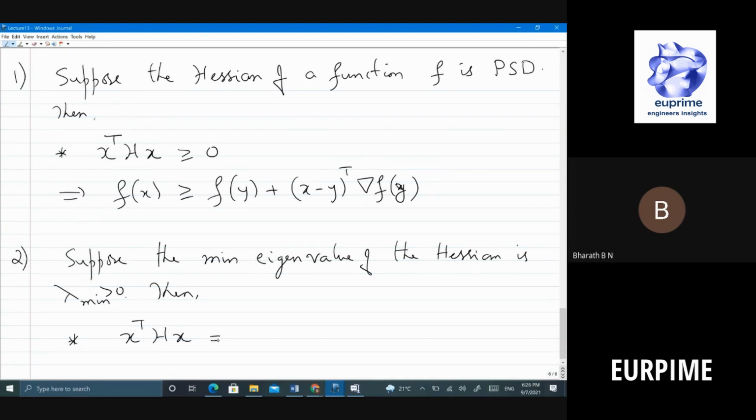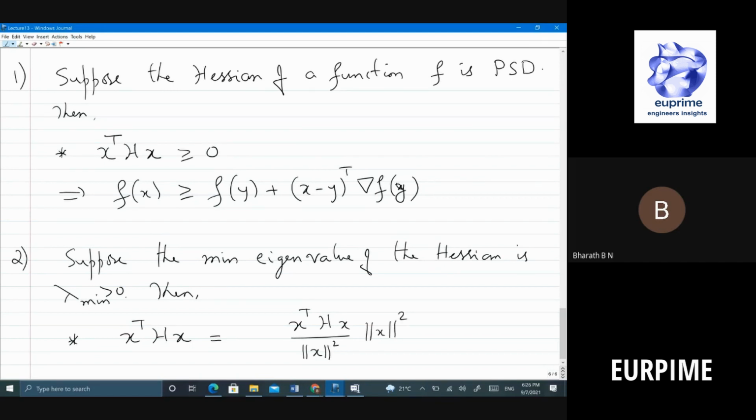Okay, I can do this, right? So x transpose Hx, I can multiply and divide by norm of x squared. Do you agree?